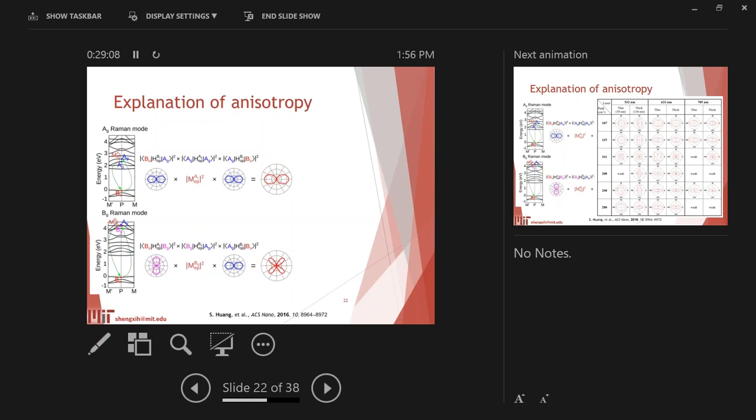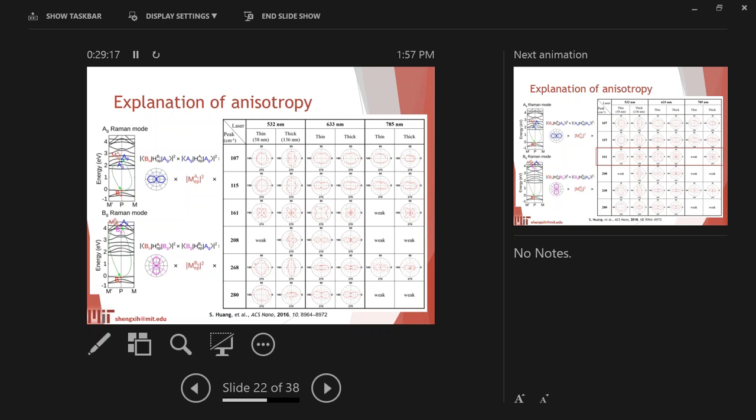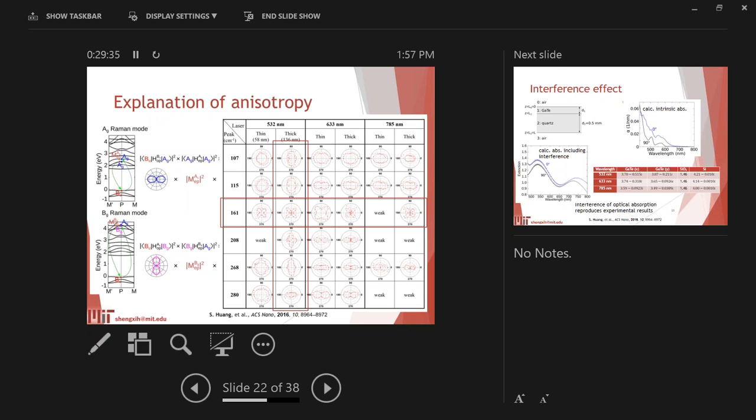So that's why for the Bg Raman, we can observe the period is 90 degrees for the Raman polar plot. So this corresponds to this 181 inverse centimeter Raman mode because it has Bg symmetry. For all these measurement conditions, we can observe a 90-degree period. And for the other Raman modes, we can observe the 180 period.